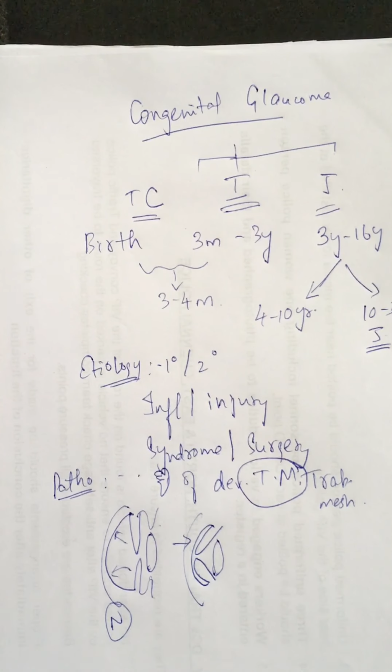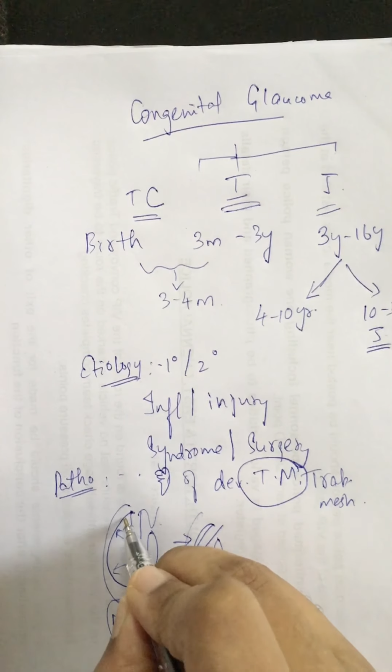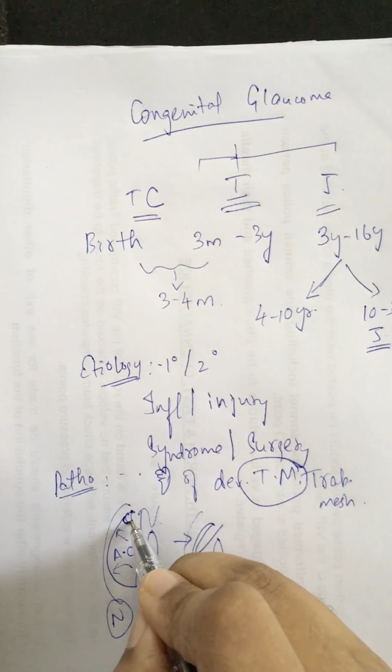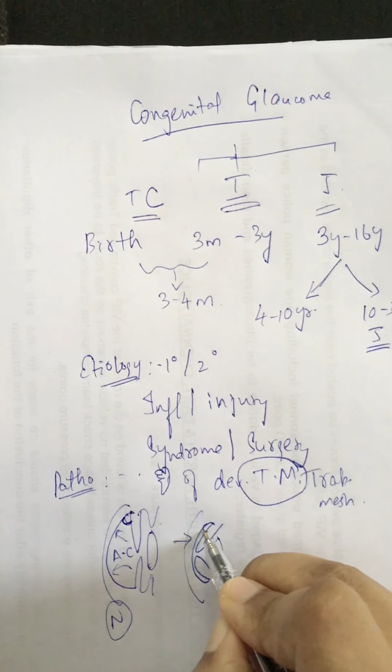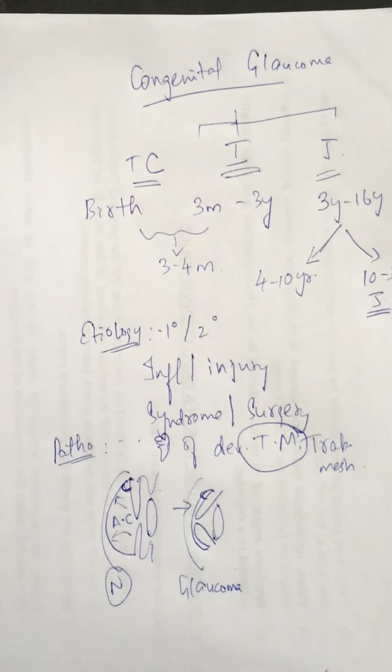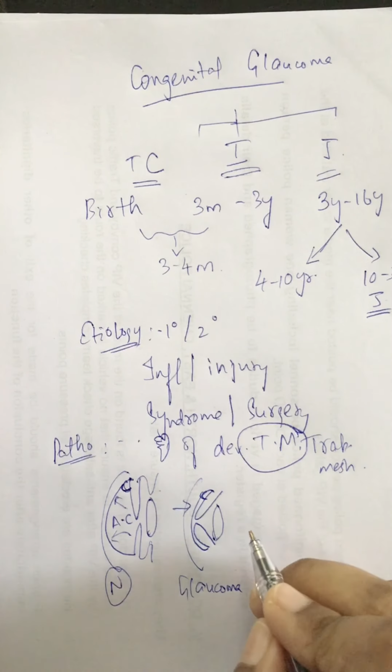The eye will develop in such a way that the iris and the cornea are formed approximately together, and the iris is not separated from the cornea. So there's this angle, as we already know, this is the anterior chamber and this is the angle of the anterior chamber. In case of glaucoma, the angle of the anterior chamber is reduced, or a bit shortened. That was the main issue in glaucoma. So that's the first pathogenesis. I'll tell you what happens after this.